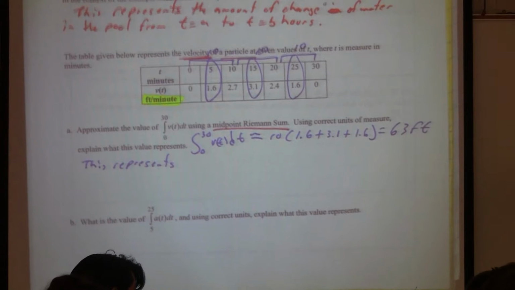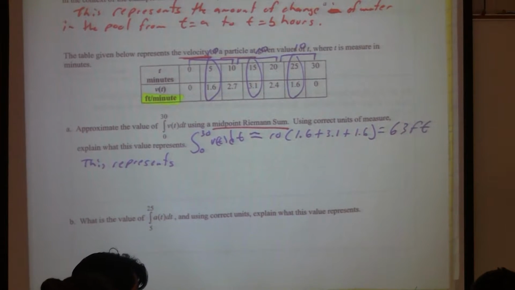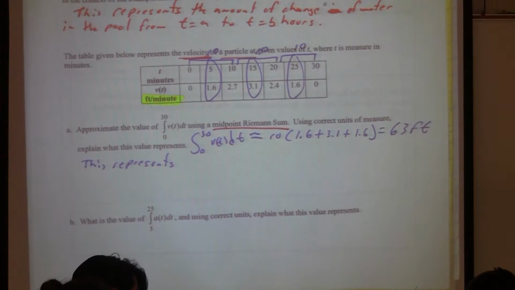Yeah. Could we also say that this represents the amount of change in position, equals 0 from 0 to 30? Okay, cool. So what do you want me to write? You pick one. All of them?